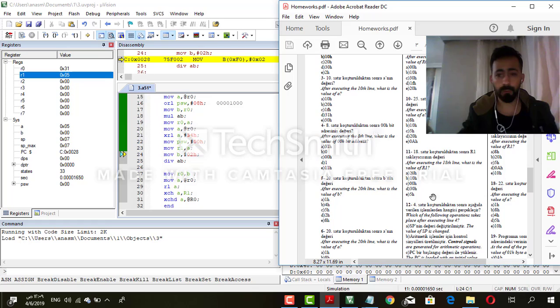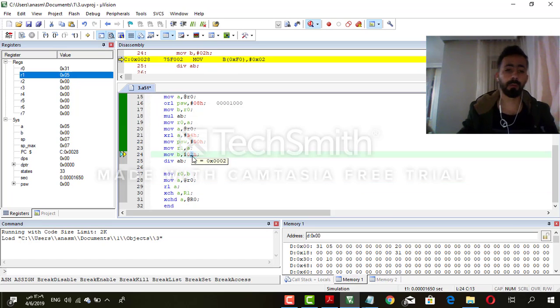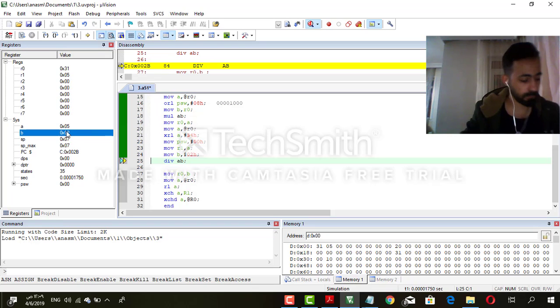In this step, we will move the value 2 hex to b. So the new value of the b register will be 2 hex. Here we will divide a by b, and the answer is a will be 2 and b will be 1.